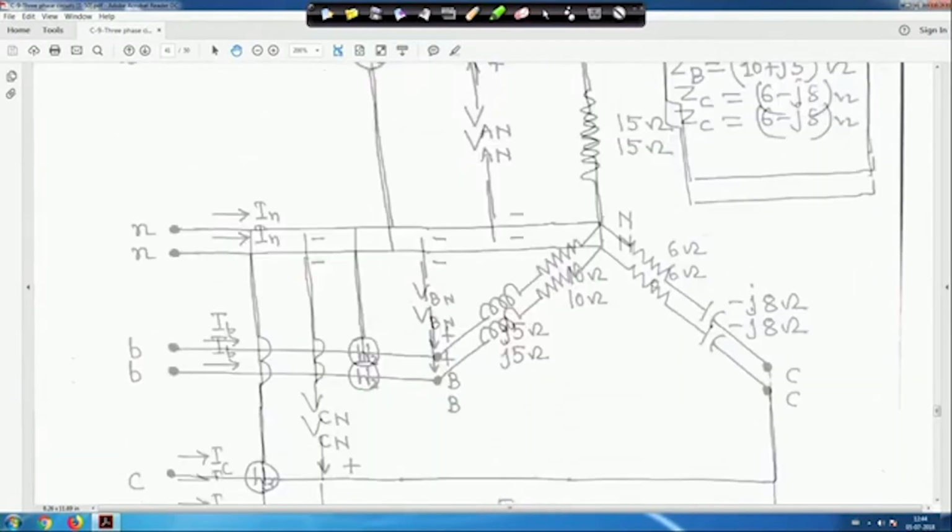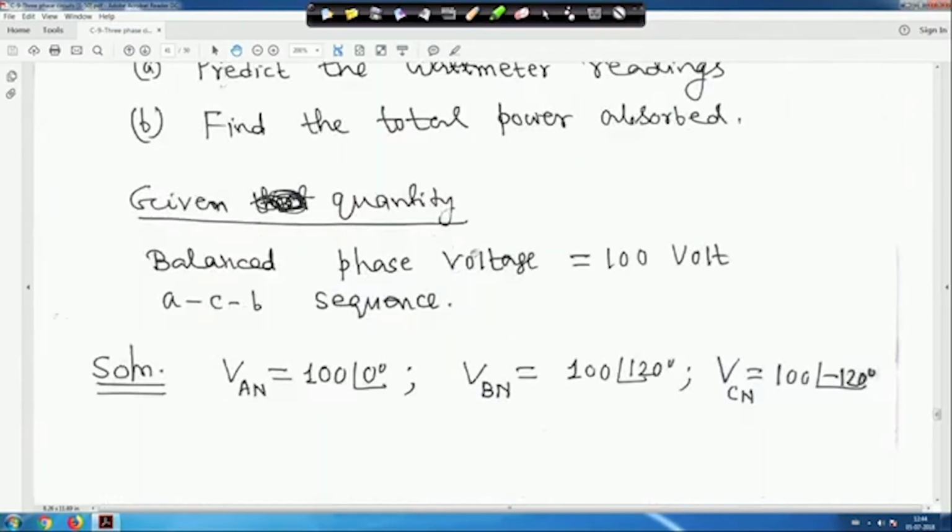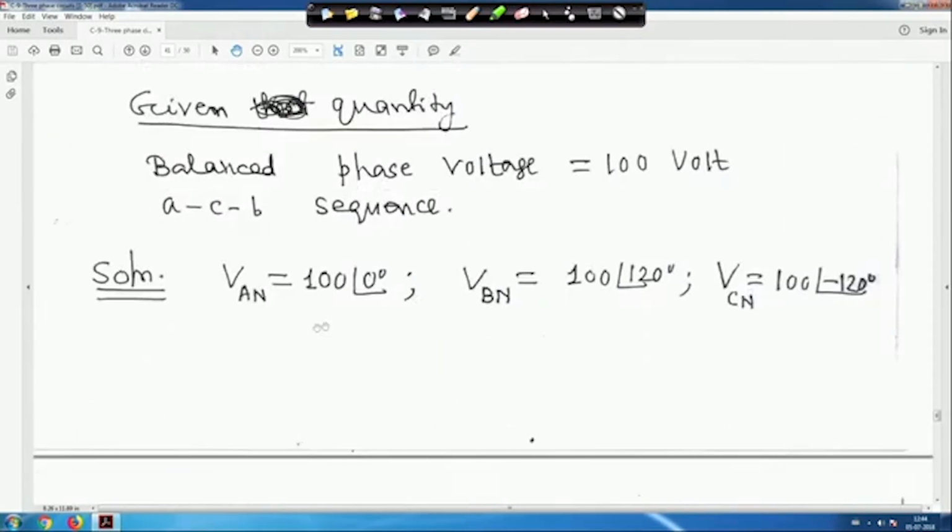The phase voltage is balanced with ACB sequence, but the load is unbalanced. So, VAN is taken as 100 angle 0, and as it is ACB sequence, VCN is 100 angle minus 120 and VBN is equal to 100 angle 120 degree, right.